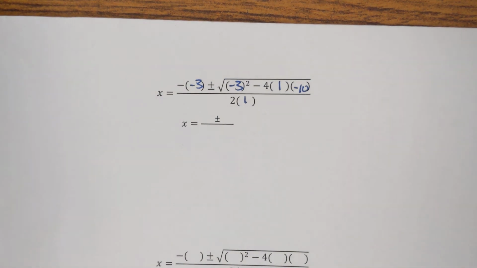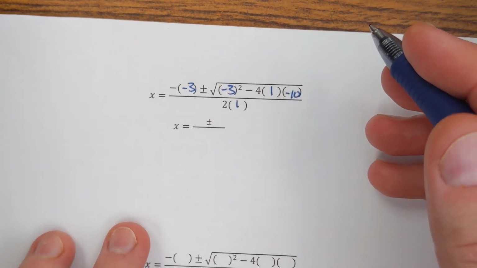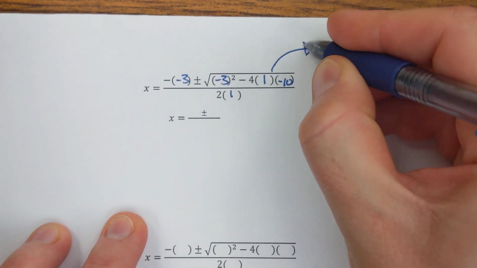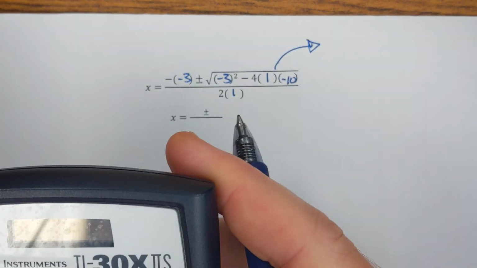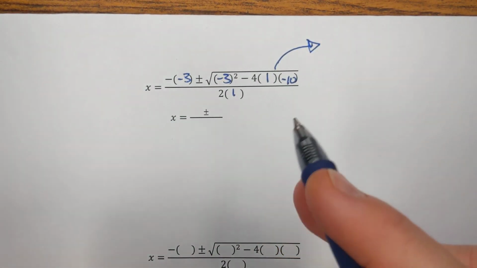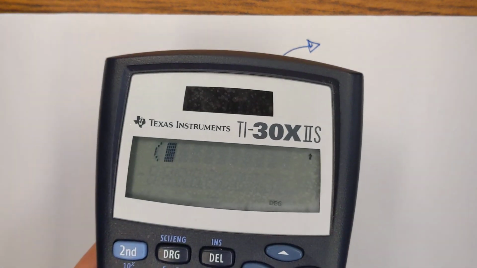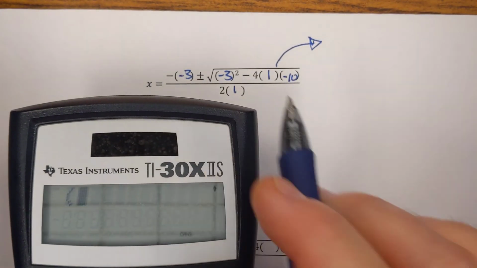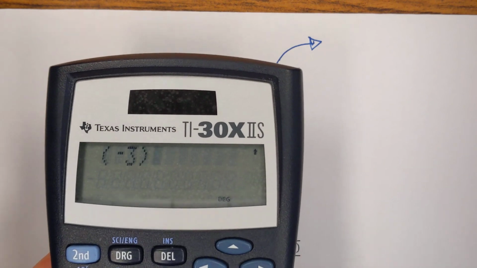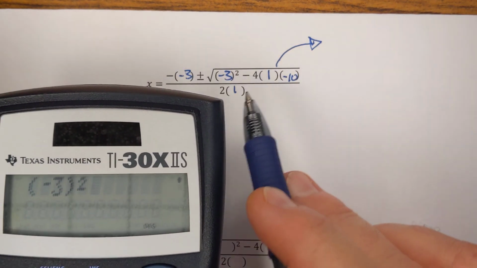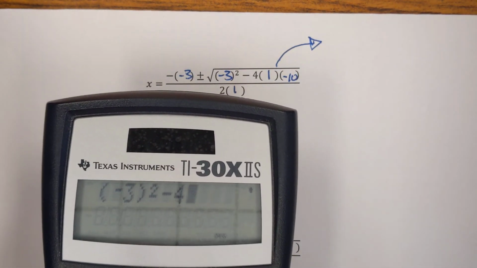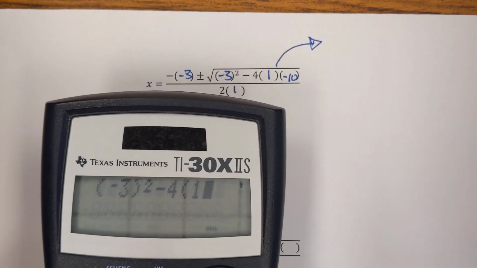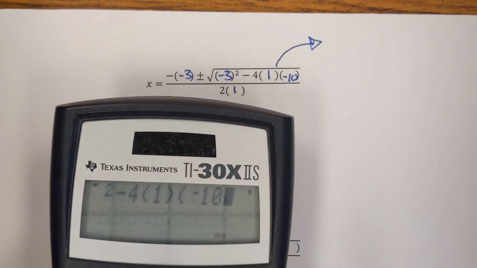Let's start. We need to analyze this formula now. Let's really start with the square root. Now here's where parentheses are going to be so important when you have all these negative signs. So my advice in a calculator, I would focus on the -3 squared minus the 4 times 1 times -10.